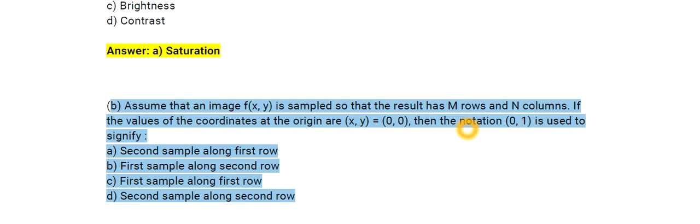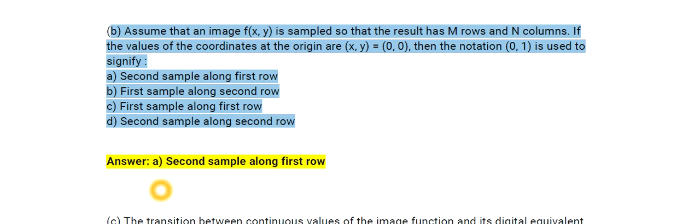So the notation (0,1) is the second sample along first row. So option A is the correct answer. Clear? During this question answer analysis, if you have any doubt, then don't hesitate to comment. You may ask through comment.